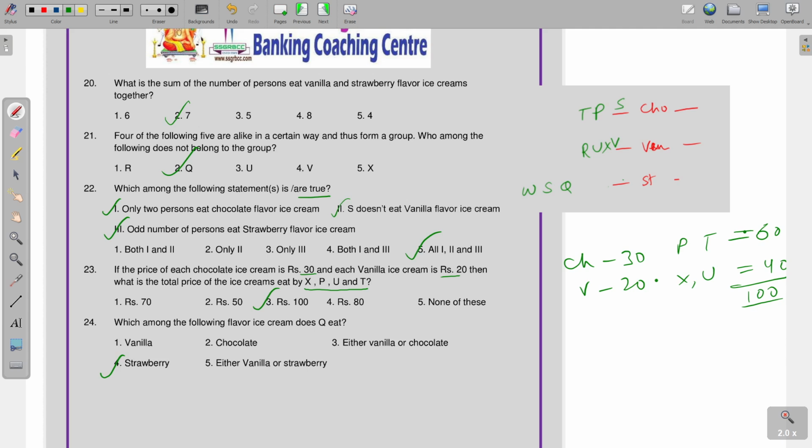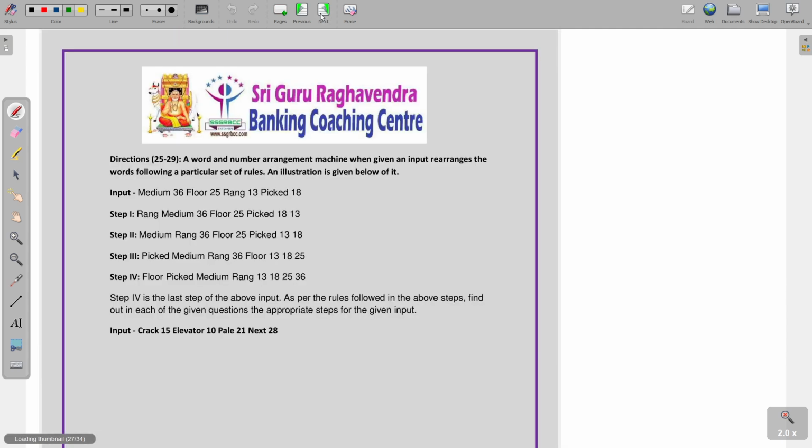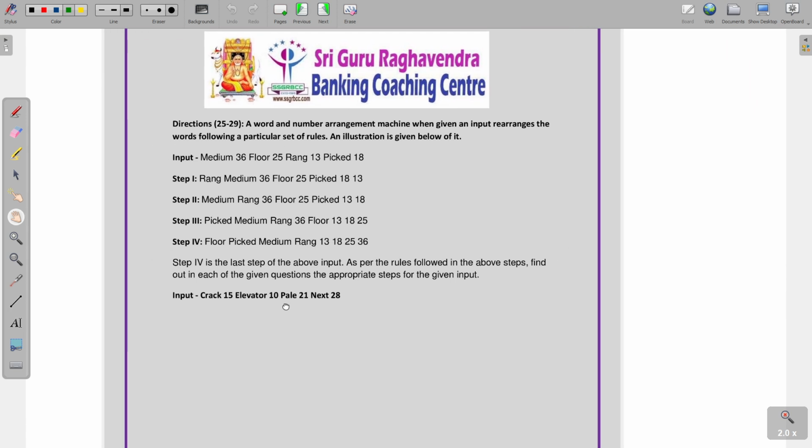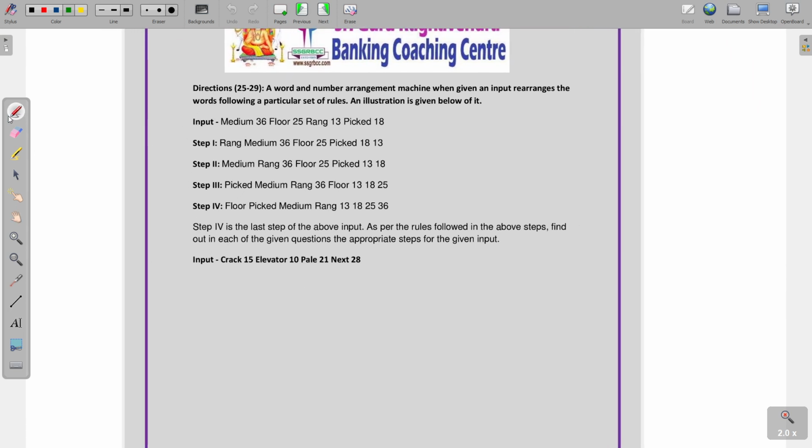Let us move on to the next one, machine input and output. See the questions, directions 25 to 29. See the first input: medium 36, floor 25, range 36 and peak 18. Now look at the last output. Numbers are arranged in ascending order from 13 to 36: 13, 18, 25 and 36.